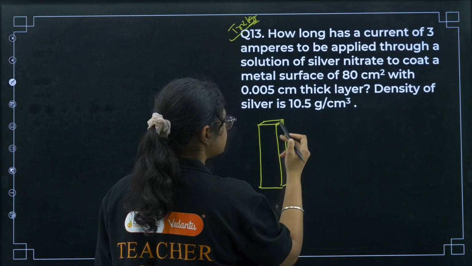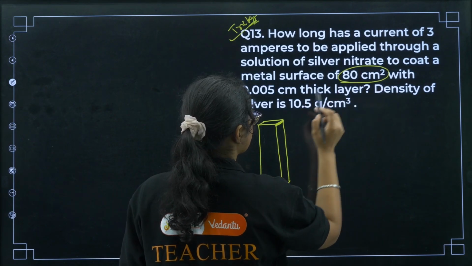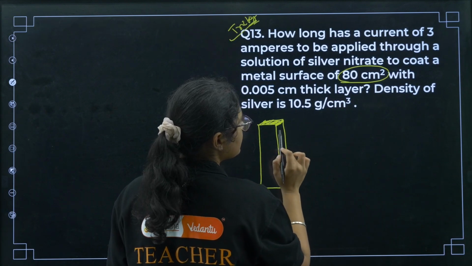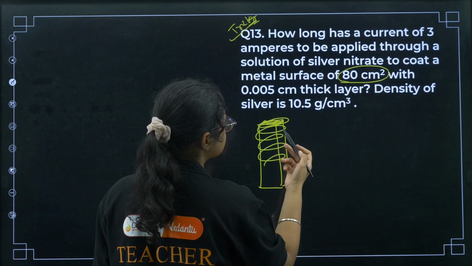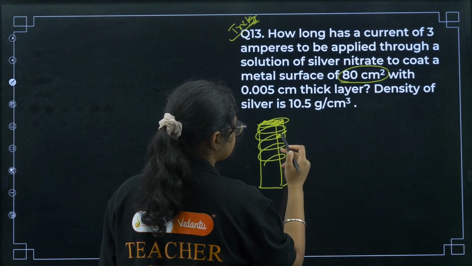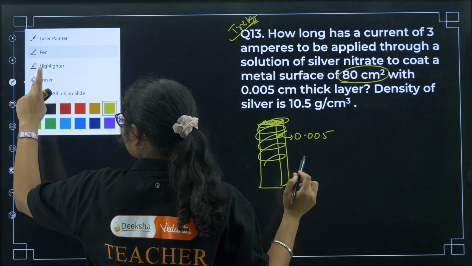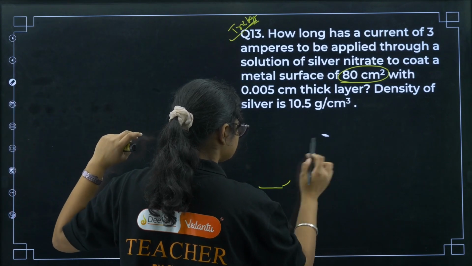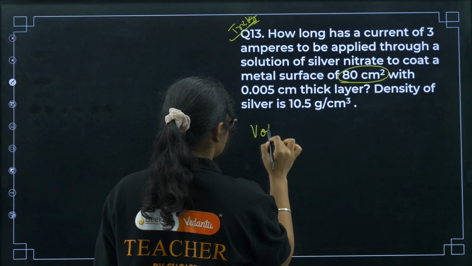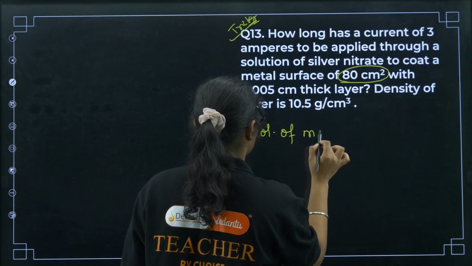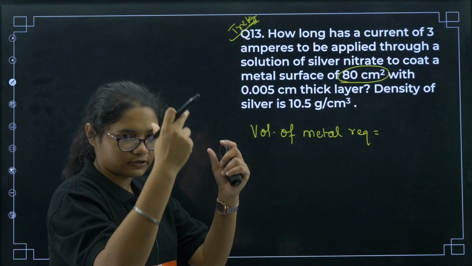So now see, we have to coat a metal rod, and the thickness is given to you. The metal surface is 80 centimeter square, and the thickness is given as 0.005. So now I can calculate the volume of metal required to coat the complete rod.